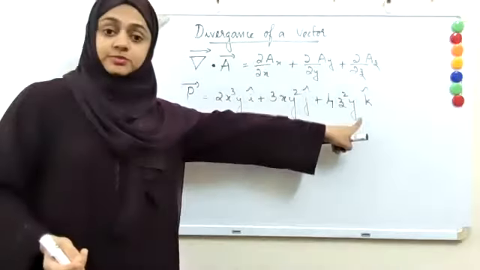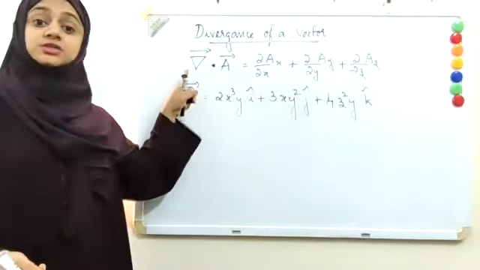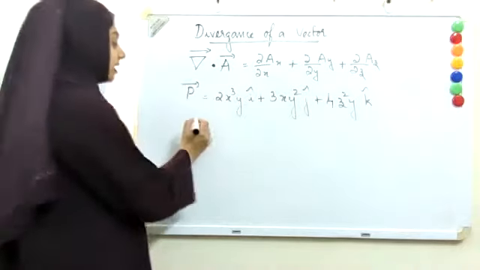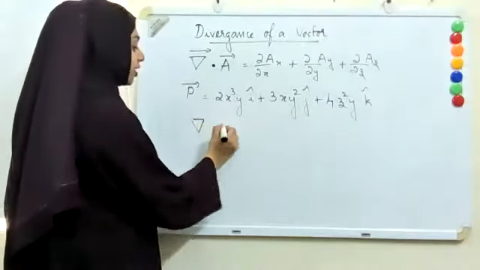This is a vector. Now I am taking the divergence of this vector. So I am going to take del dot P.